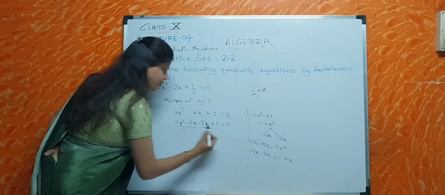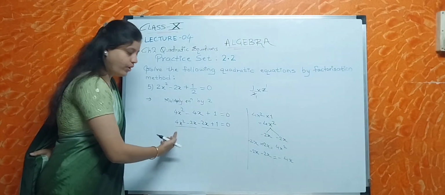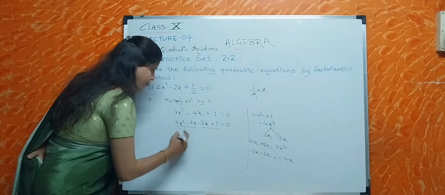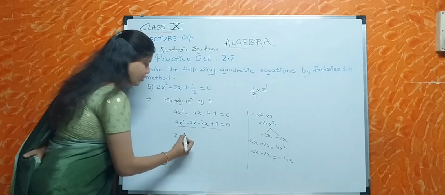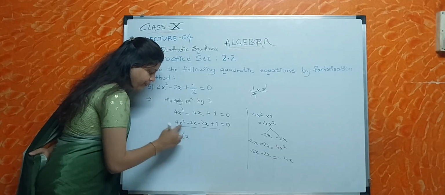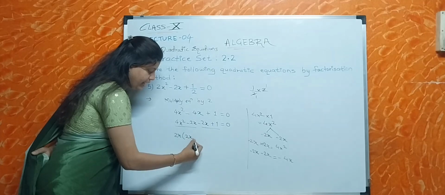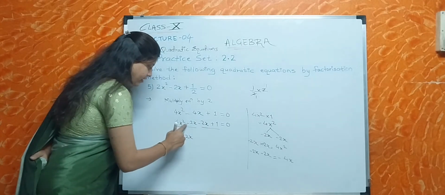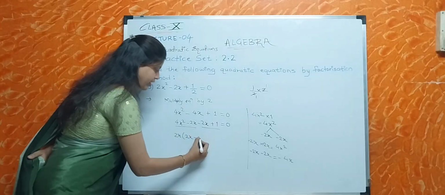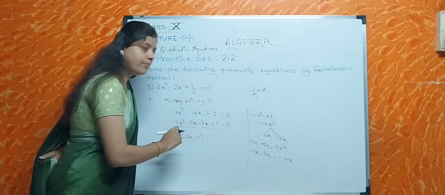Now the next step is to take out the common factor. So what is common here? 4 and 2 both come in the table of 2, and x also is common, so 2x is common. 2 twos are 4, and in x square, one x is taken outside and the remaining x is inside the bracket, minus 2x as it is common, so here nothing but 1. In the next two terms, what is common?